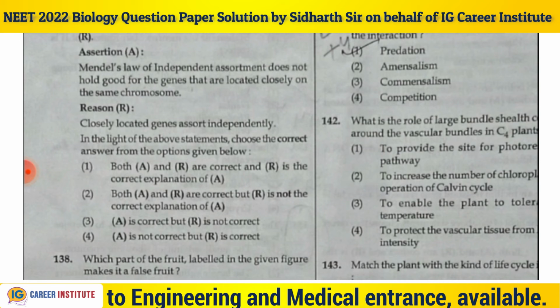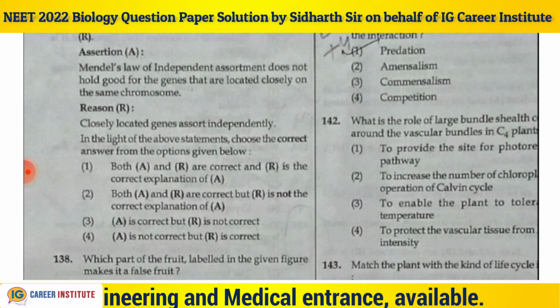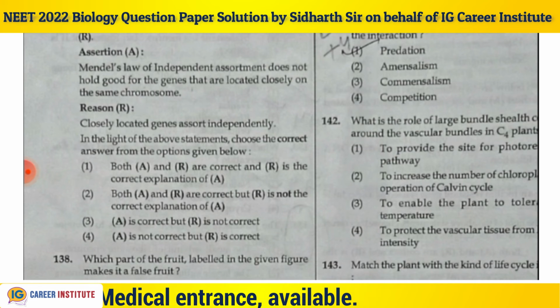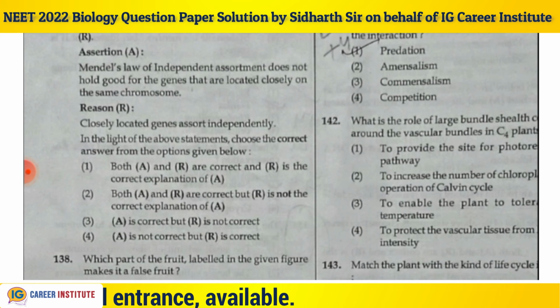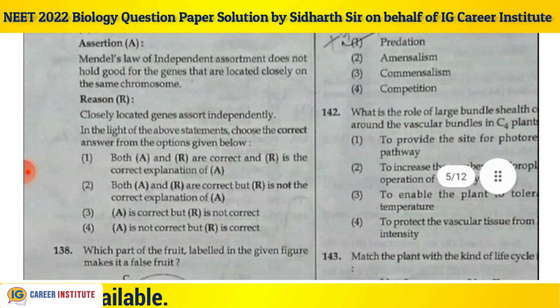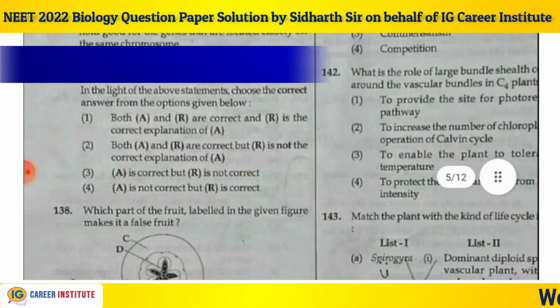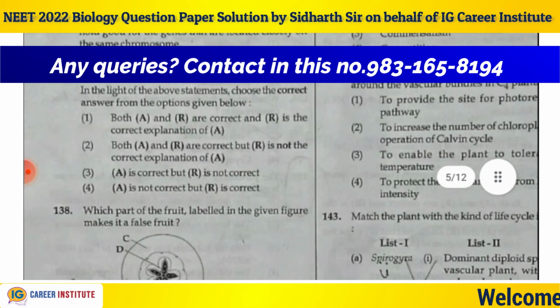Of course, they won't show any recombination, right? They will show linkage, and thus this law will not hold good. So A is correct. Reason: closely located genes assort independently, which is an absurd statement. So R is wrong. The answer here will be option 3. Assertion is correct, reason is totally wrong.